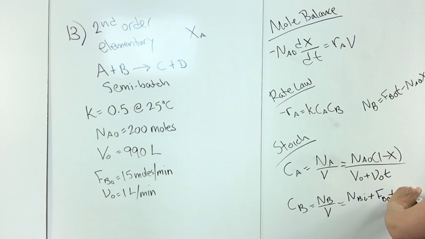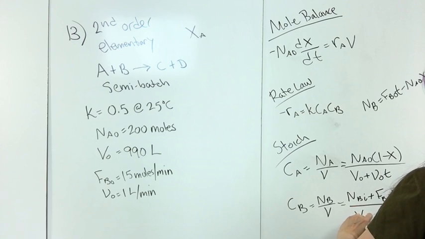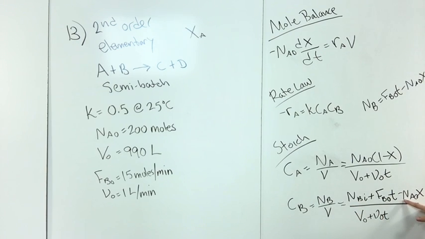Minus NA naught X, over V naught plus v naught t. And also be careful with this last part because this is based on the stoichiometry.